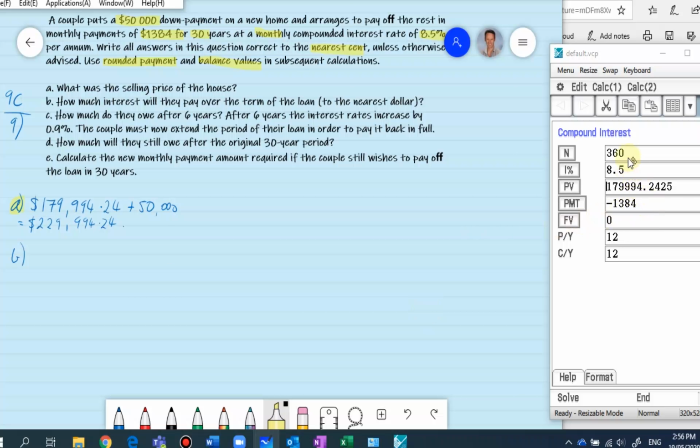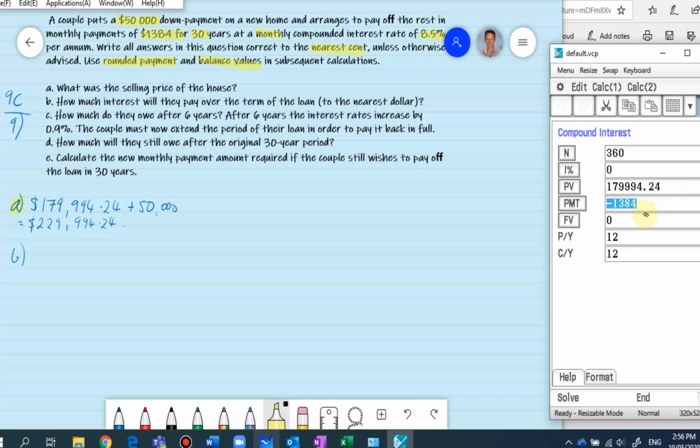So here we're calculating the amount of the payment with an interest rate of 8.5%. Now we're told that we have to make these to the nearest cent for subsequent calculations. So I'm going to put that to 24. This I'm going to change to 0, because if we're paying 0% interest on this amount and we look at our new repayments, the difference will give us how much interest we're paying each month. So at the moment when it was 8.5%, we're paying $1,384.